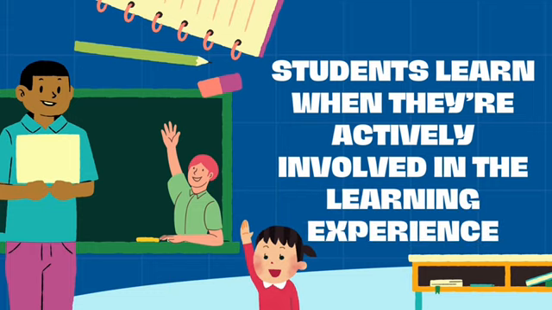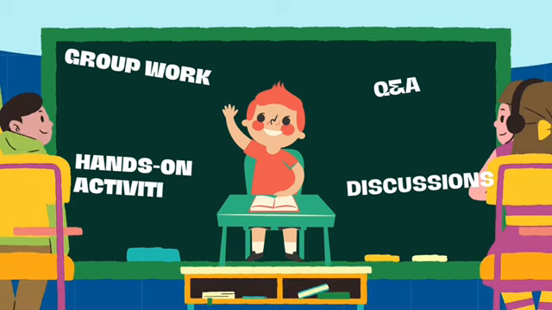So incorporate questions, discussion, group work, and hands-on activities to actively engage students with the content. Focus on ensuring learners really understand the material, allowing them to construct knowledge rather than just receive it.